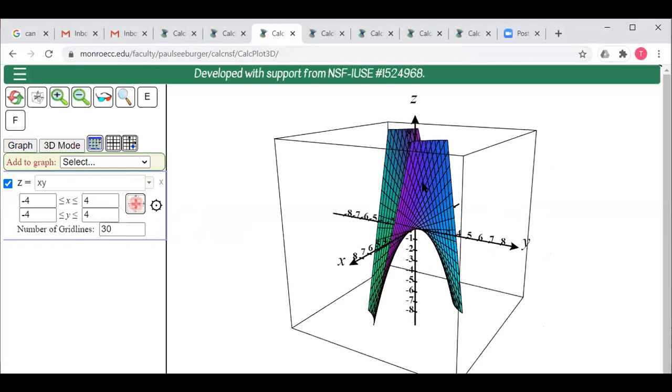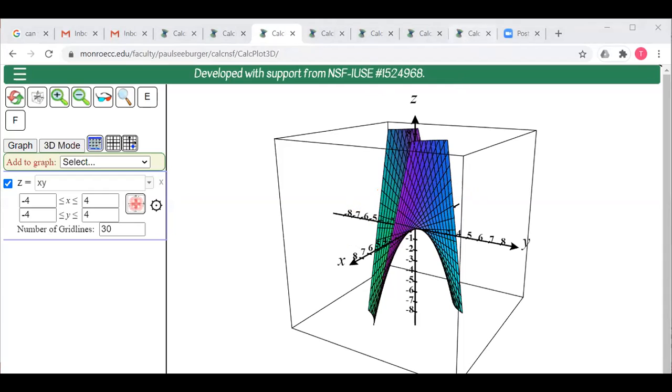It's pretty cool, right? Now you want to see the level curves. Basically what you do is just like we said before, it's as if you have a big knife and you're cutting this, making the cut parallel to the xy plane. That is how you get the level curves.